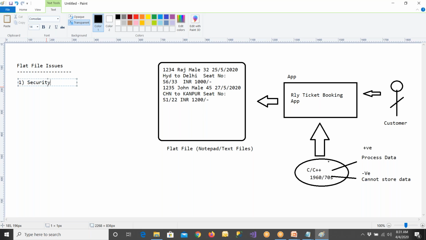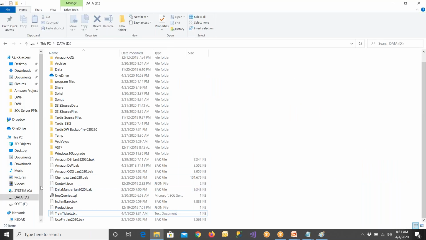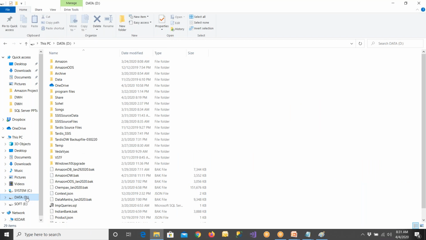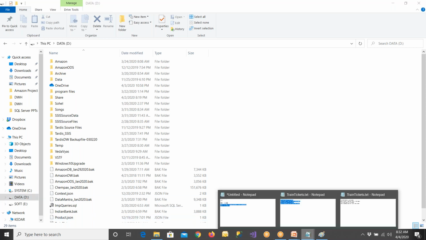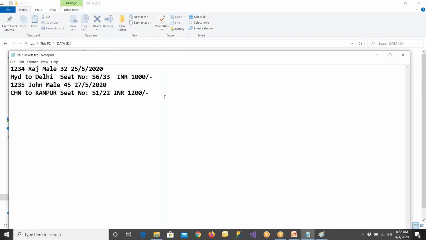Security means people who are having access to these computers. I can use my computer and others also. I am also booking train tickets. I'm an employee of this company, so not only me, others also can use the computer, but anybody can easily steal the data, anybody can easily tamper the data, anybody can easily delete the data as well.